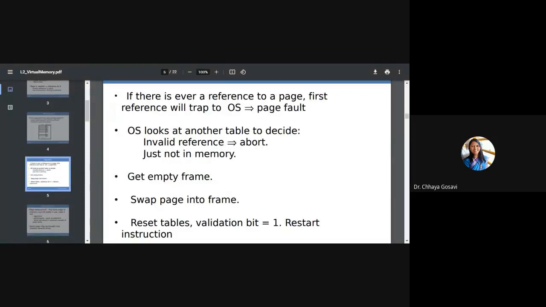If there is ever a reference to a page, the first reference will be trapped by the OS, which is called a page fault. The OS looks at another table to decide: if invalid reference, then abort; if just not in main memory, then get an empty frame, checking whether the frame is empty.